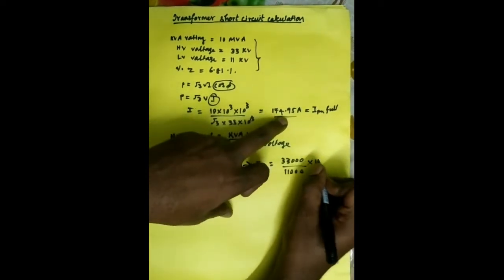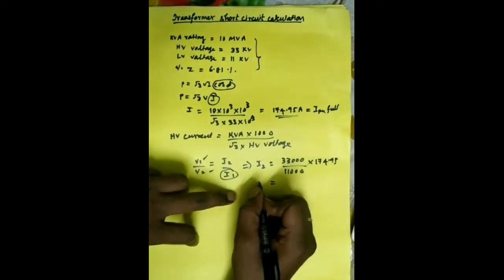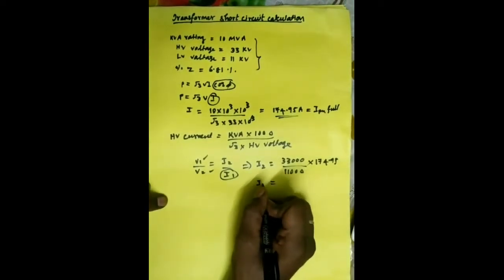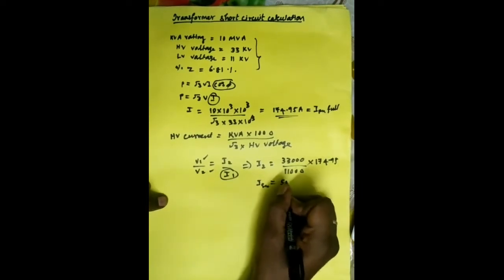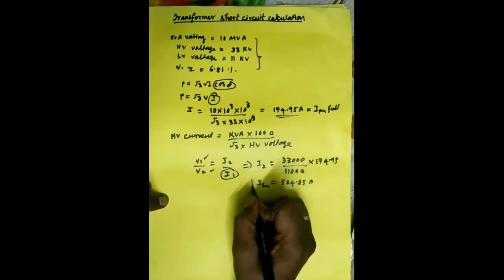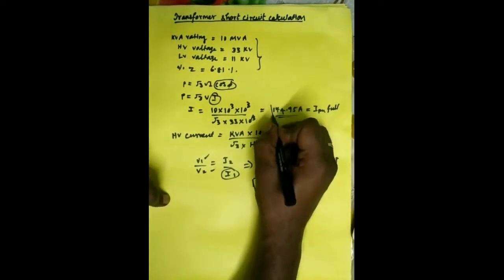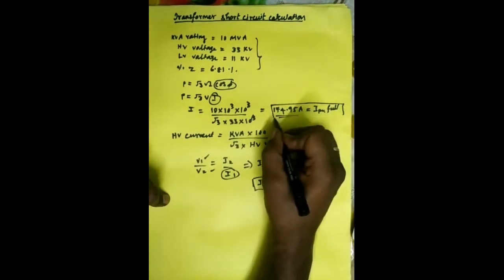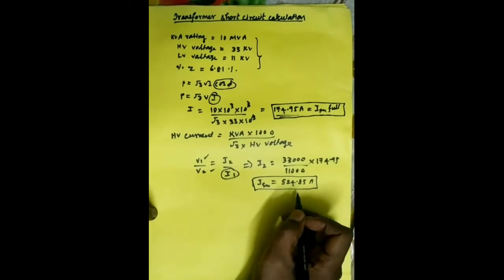We have calculated it 174.95. So by substituting it, you will get I secondary full load current as something like 524.85 amps. This is transformer primary full load current, and this is transformer secondary full load current.